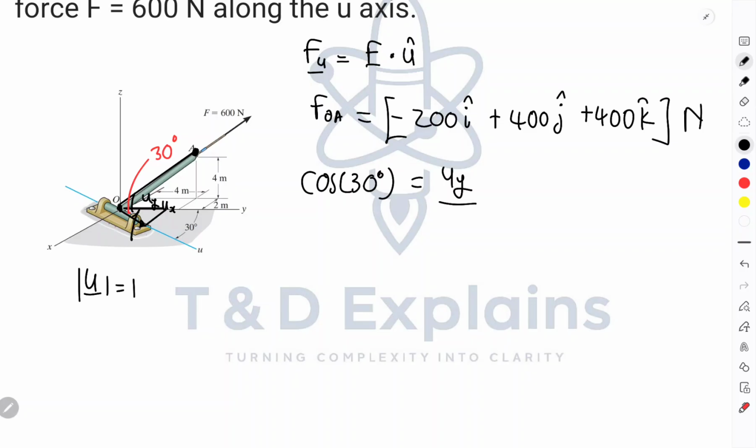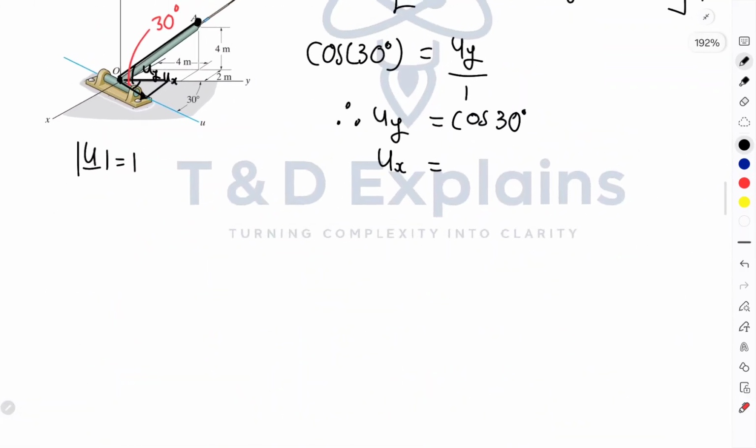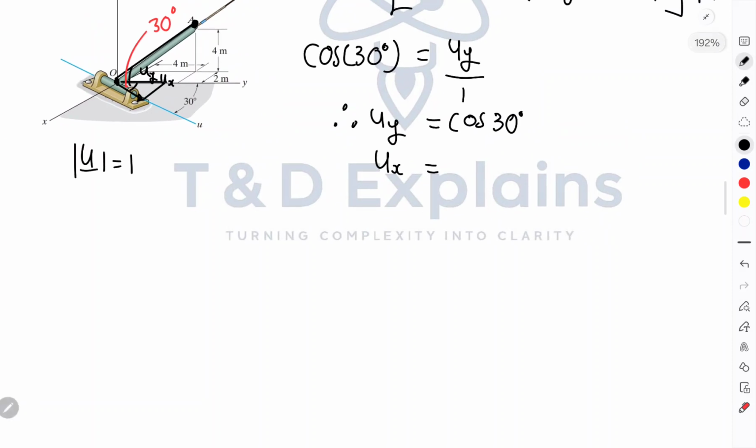The hypotenuse is this side here, which is going to be 1. Therefore my uy is going to be equal to cos of 30 degrees. What about my ux? You can prove it, but my ux is going to be sine 30. Check it, use the triangle, you will see it.